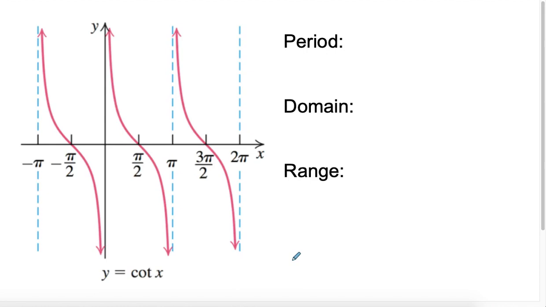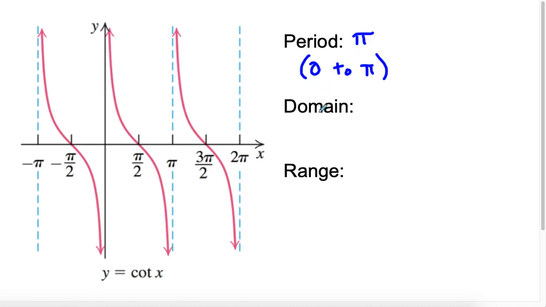Again, this would continue to repeat itself in both directions. We still say the period is pi, the distance from the start to the end. But let's make a note that it goes from 0 to pi for our normal period, if we just take this one period.